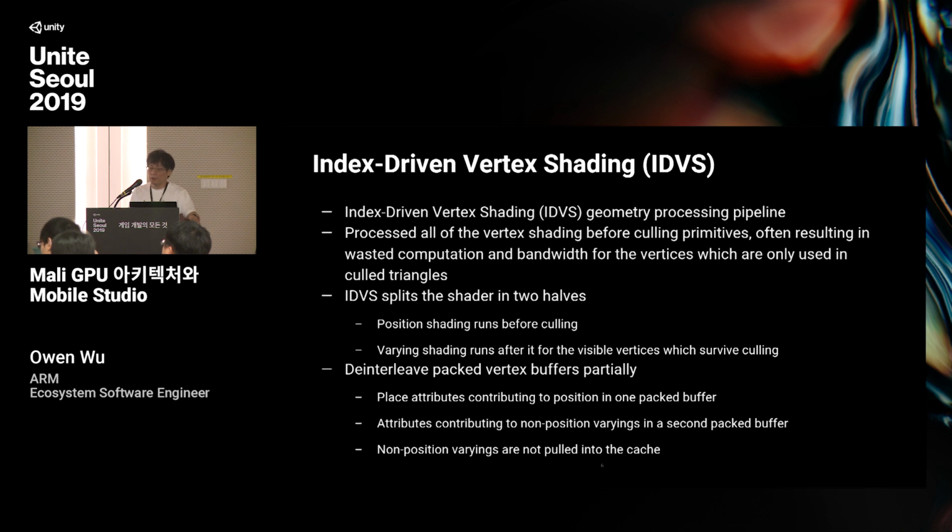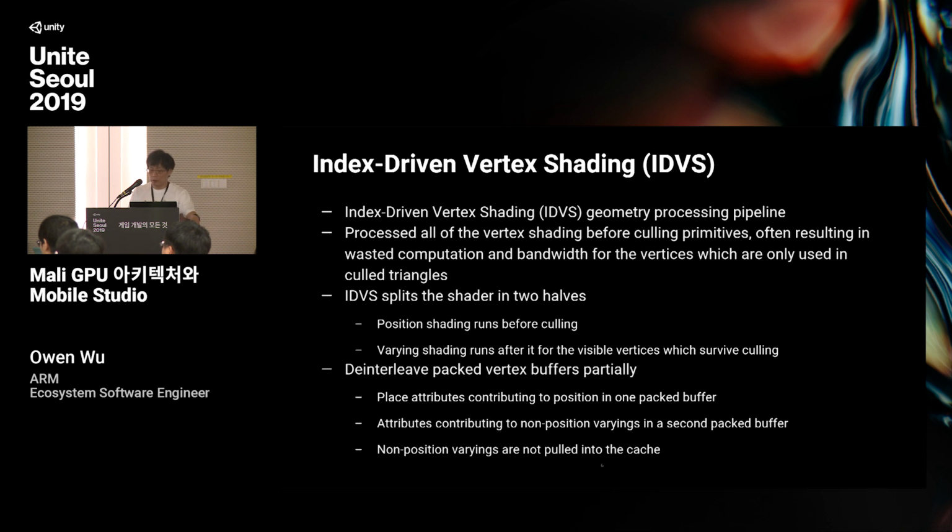IDVS can split your shader into two parts: one for position shading before culling, and one for varying shading after culling. This way we can save computation power and bandwidth. It is done by the driver and hardware automatically, so basically it is invisible to developers.